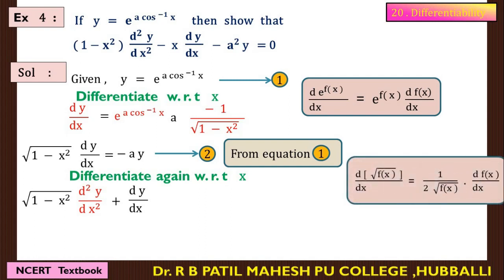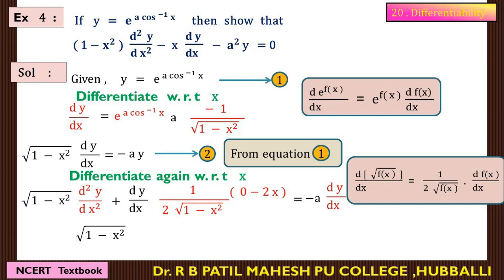Following that, it is 1 upon 2 root f of x and d by dx of f of x. So the derivative of root 1 minus x square is written in this way: 1 upon 2 root 1 minus x square, after that the derivative of 1 minus x square. So the derivative of 1 is 0 and of x square is 2x. So you will get 0 minus 2x, is equal to minus a as it is, and the derivative of the y term is dy by dx.